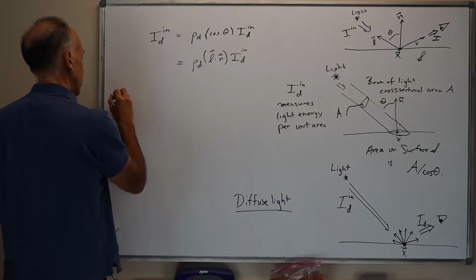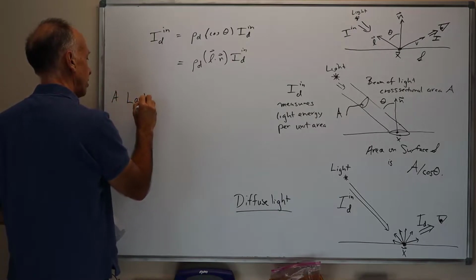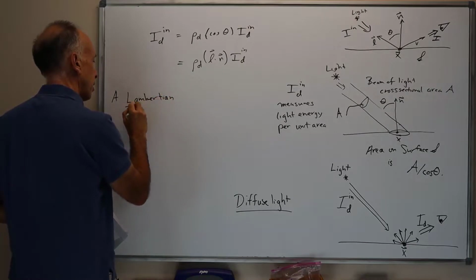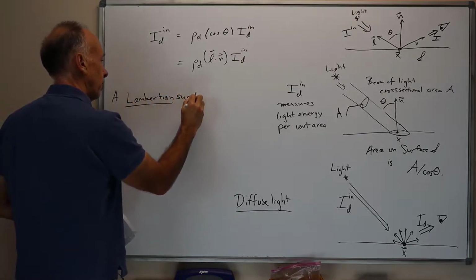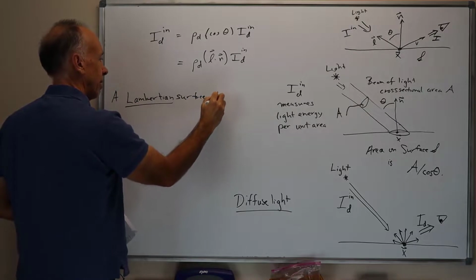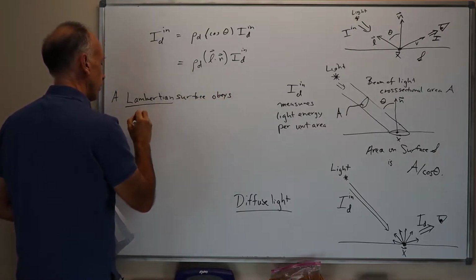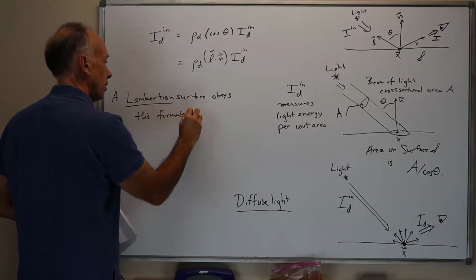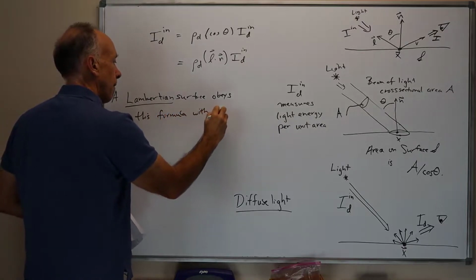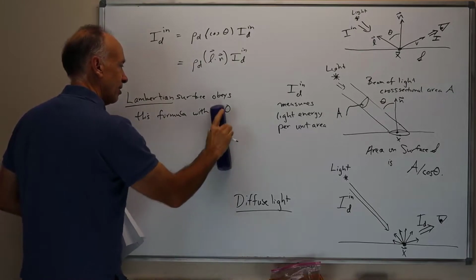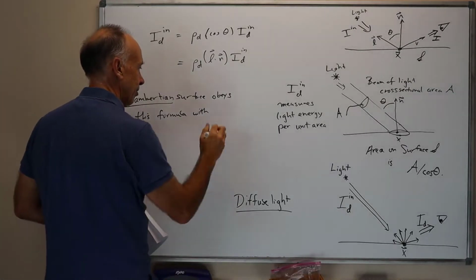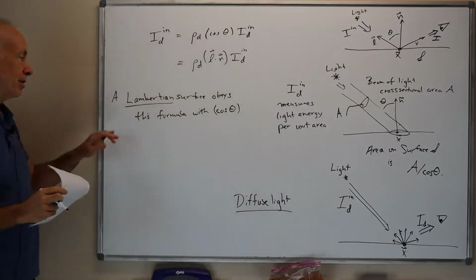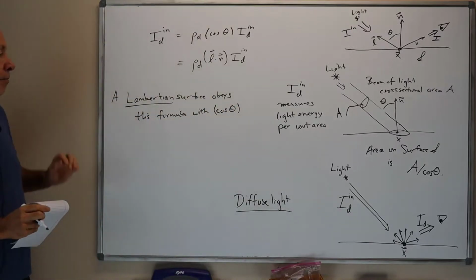So a Lambertian surface is a surface that obeys this type of formula. And most surfaces that you encounter in everyday life are Lambertian, or at least close to Lambertian. The name Lambertian comes from the name of the physicist Lambert.